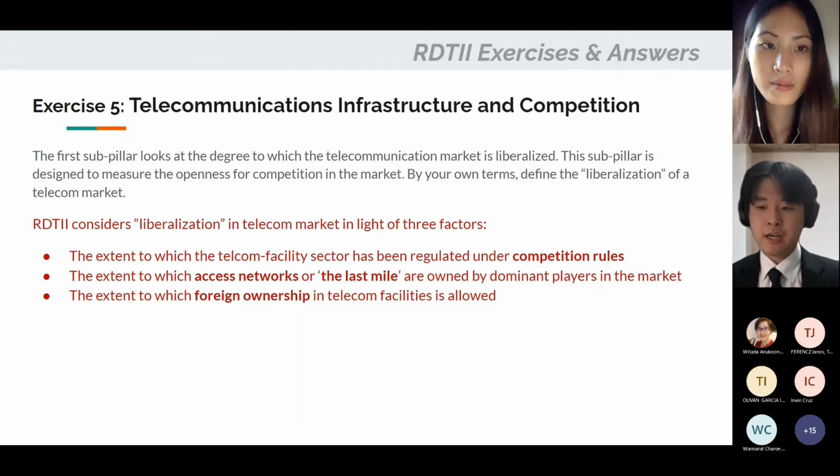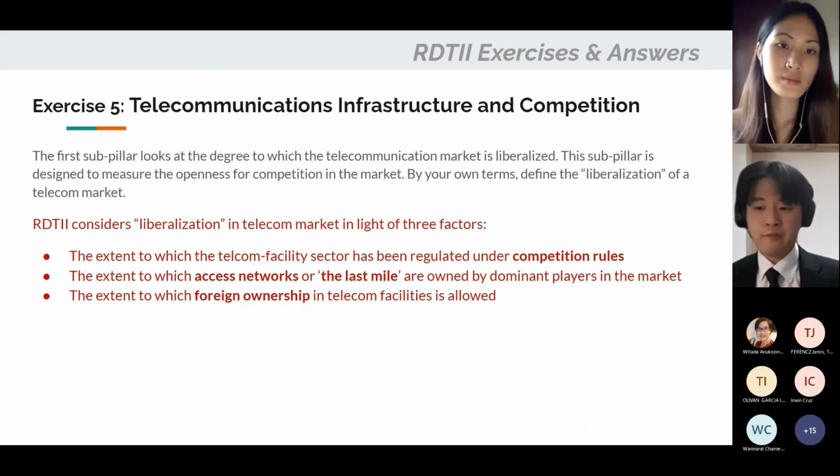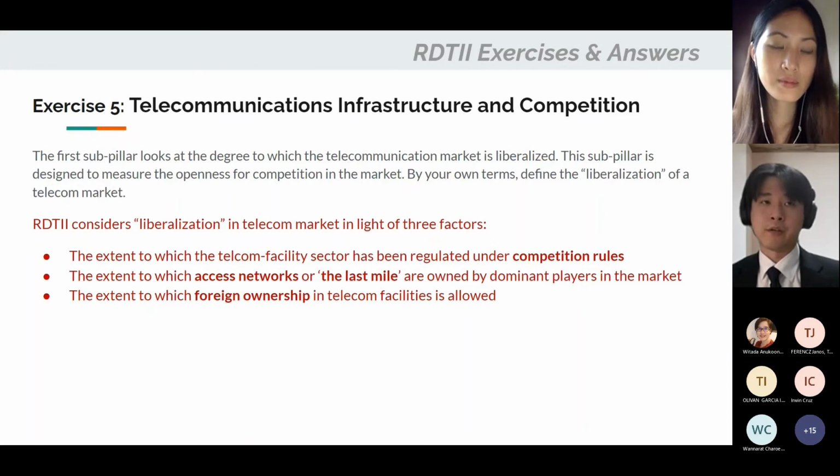So the RDTII tries to lay out different factors in order to best measure this liberalization, and there are three factors. The first one is the extent to which the telecom facility sector has been regulated under competition rules. Secondly, the extent to which an access network is owned by dominant players in the market. And the last factor is the extent to which foreign ownership is allowed.